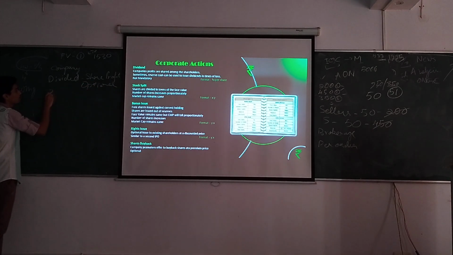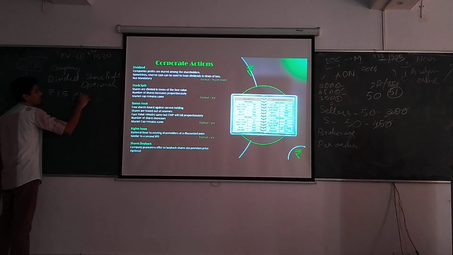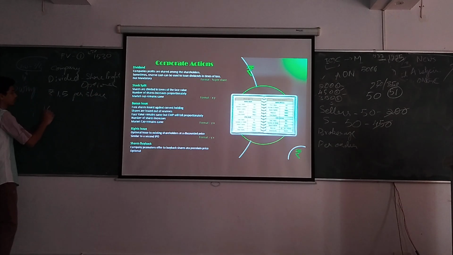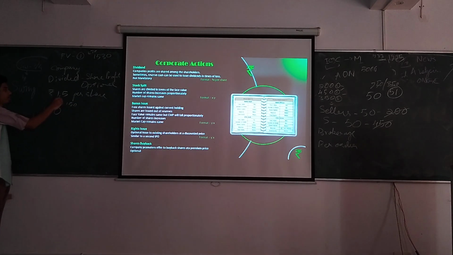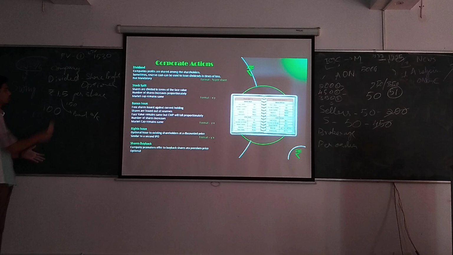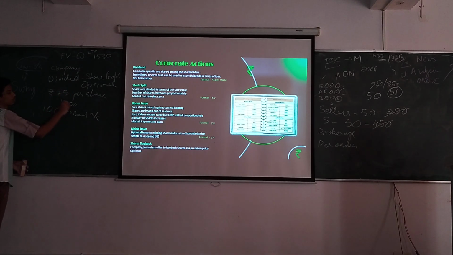The format is rupees, let us say 1.5 per share held. It means if you are holding 100 shares, you are going to get 150 rupees as the dividend. This dividend will be directly credited in your bank account. So instead of 1.5 rupees, let us say it was 7.5 rupees, you will have got 750 rupees.